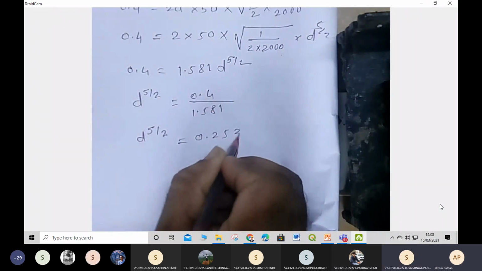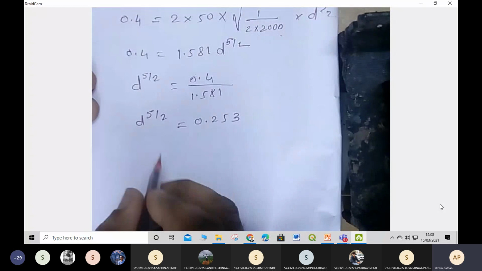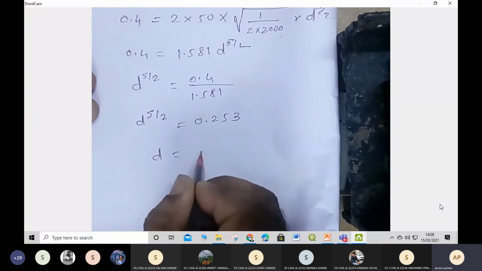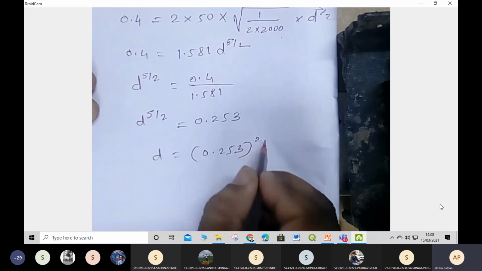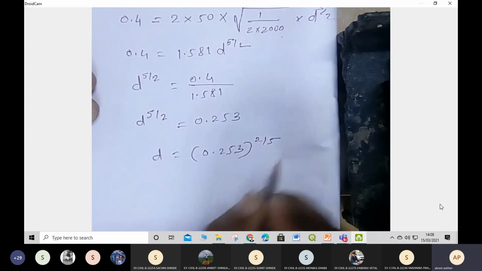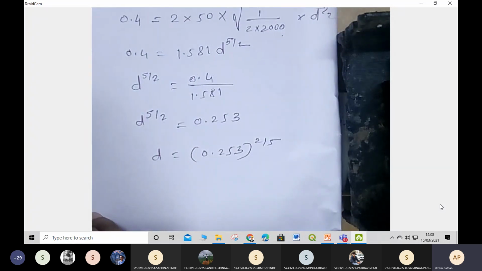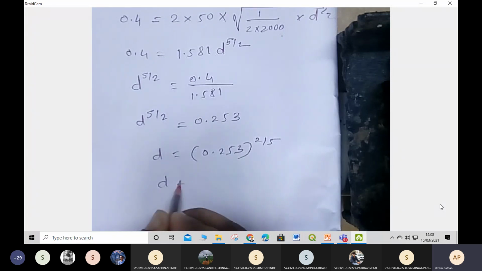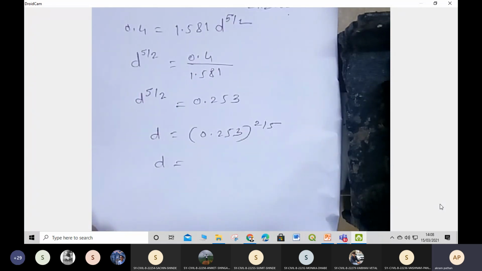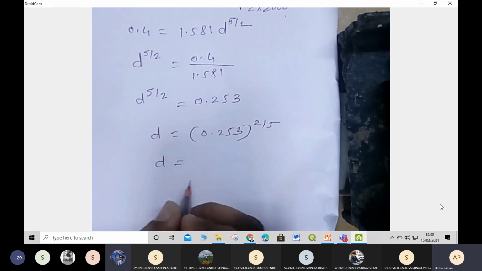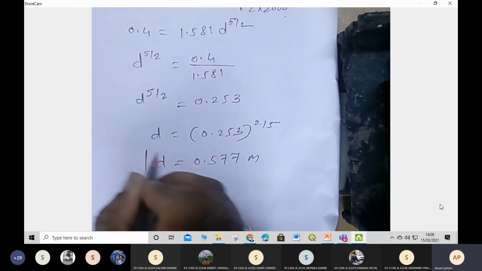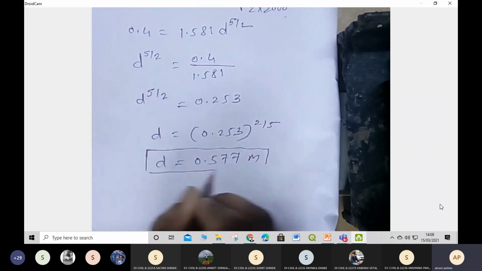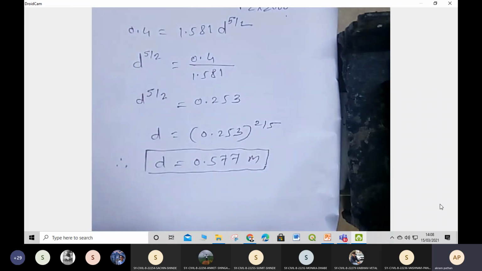Then d is equal to 0.253 raised to 2 by 5. Now calculate, d is equal to 0.577 meter. So this is the value of depth we get after simplification.